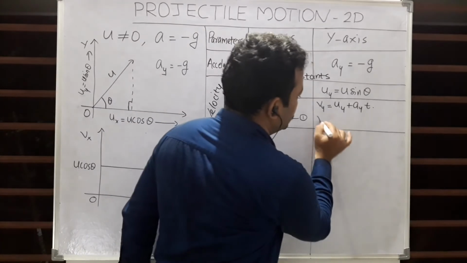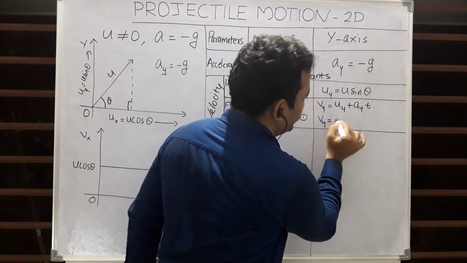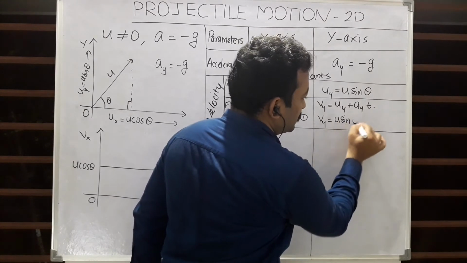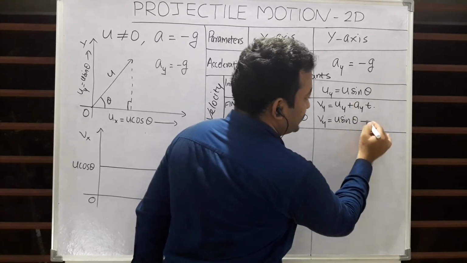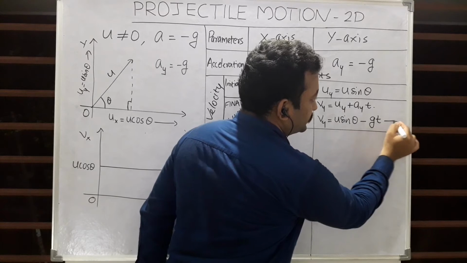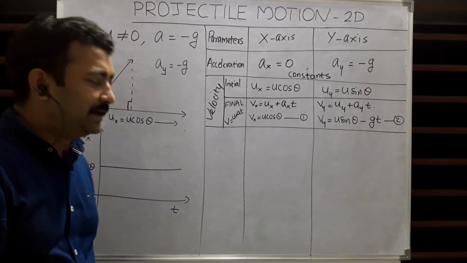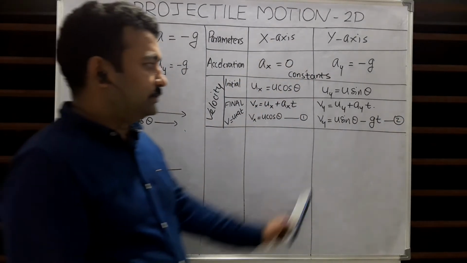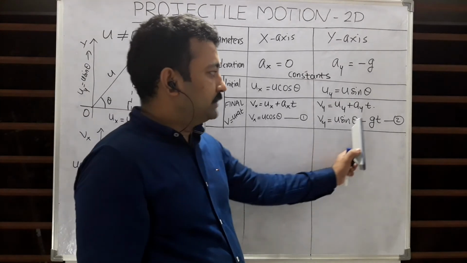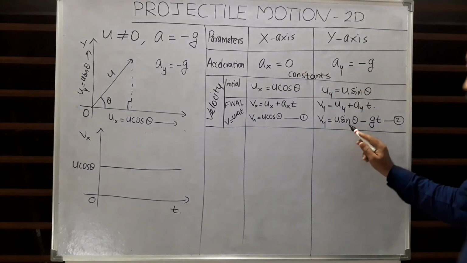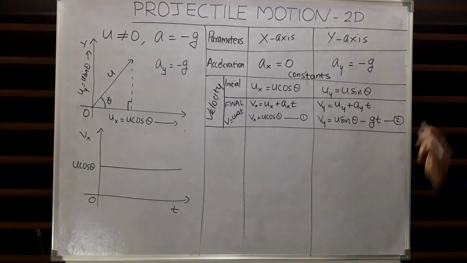The y component becomes Vy is equal to uy, which is u sin theta, with ay as minus g, so Vy is u sin theta minus gt. Let me call it equation 2. We can see that the final velocity is decreasing as time is increasing, because it takes the form u sin theta minus gt.